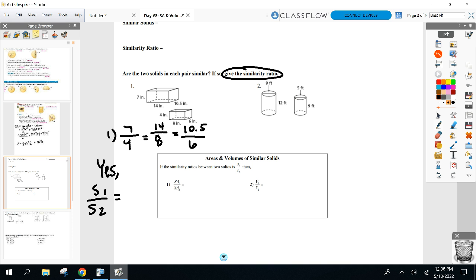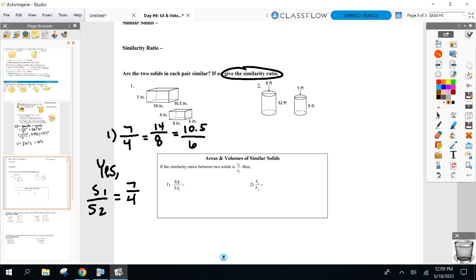What's the side ratio, Mahmood? You got 3 pairs of corresponding sides up there. Yep, 1.75 to 1. That's fine. You can go 7 to 4. You can go 14 to 8. Doesn't matter because it's all the same, right? So I'm just going to say 7 to 4. But yes, you could go 1.75 to 1.